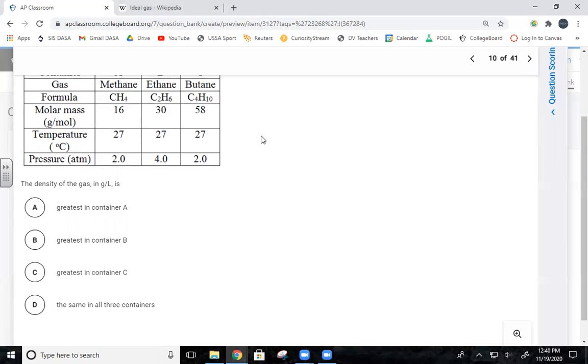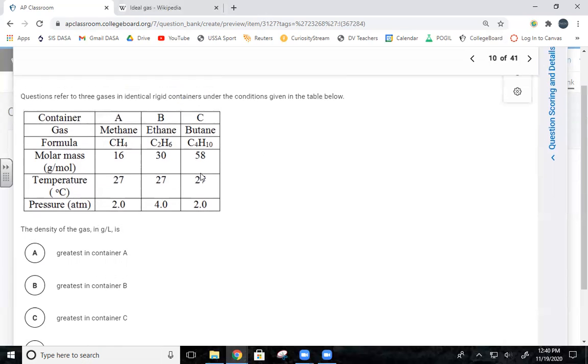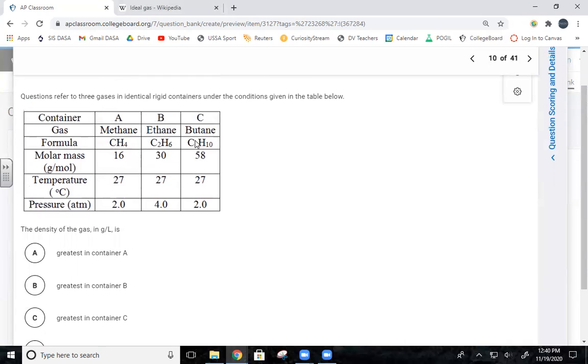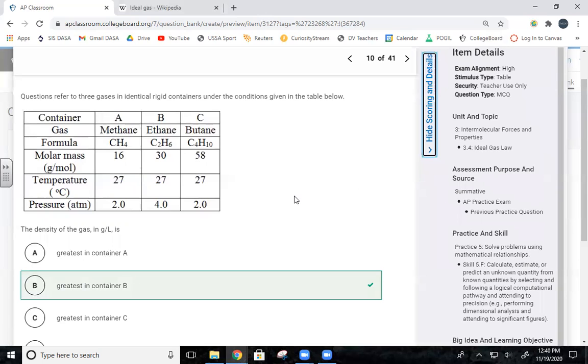That is what? Ethane. So the highest density is in container B. So B. Would that make sense? Sure does.